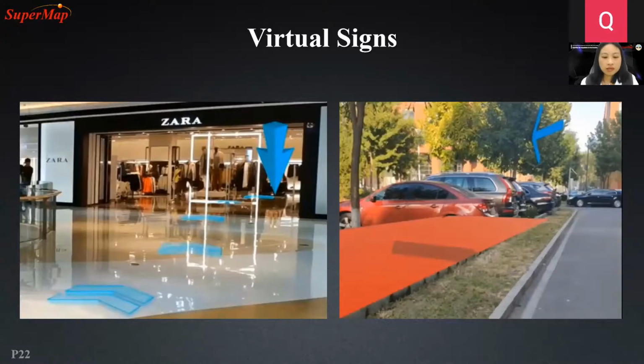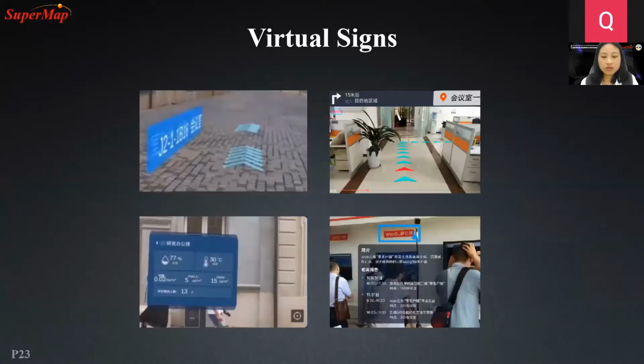And these virtual signs can guide you to the places where you want to go, and can be used in shopping malls, museums, offices and other places. It can not only show the signs I just mentioned, but also display the information you are looking for.